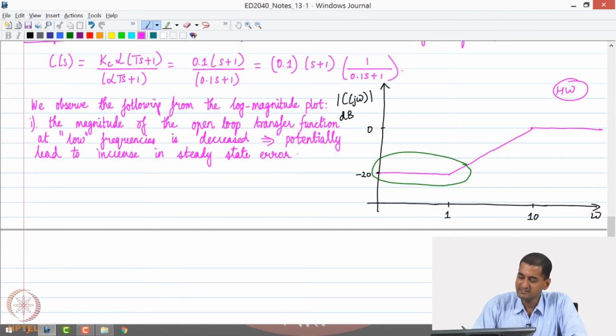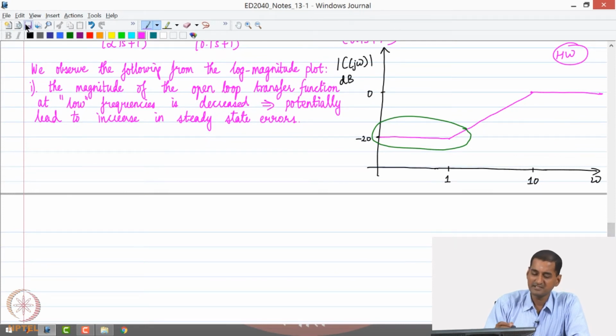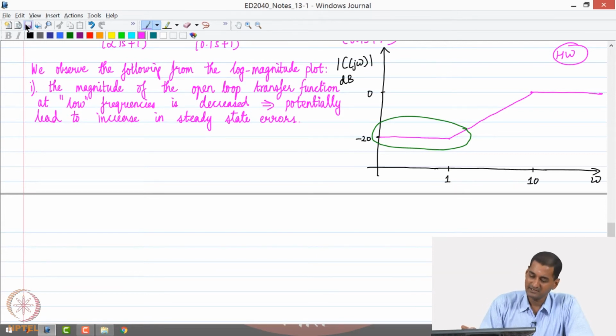As a result, the steady state errors may increase, due to this particular characteristic of the lead compensator. Of course, this depends on the type of the system, whether we have type 0, type 1, type 2 and so on, which we have already looked at. Depending on the type of the system, the steady state errors corresponding to certain inputs may increase with this particular aspect. Now, if I want to ensure that that is not the case, then what should I do?